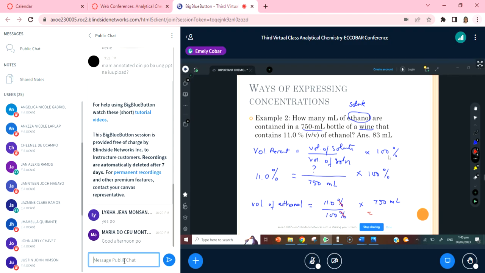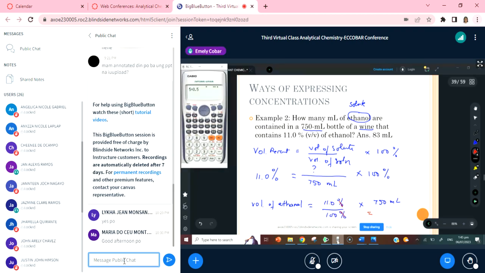So what is now the answer? 11 divided by 100 is 0.11 and then times 750. The answer is 82.5 ml.